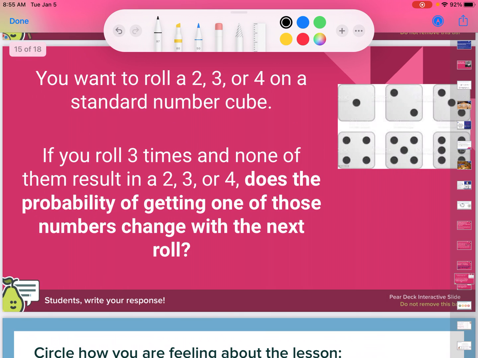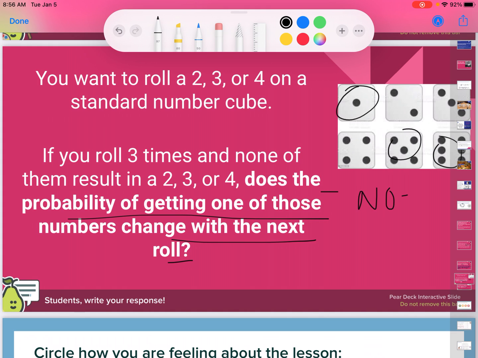All right, if you want to roll a 2, 3, or 4, and you roll 3 times and none of them is a 2, 3, or 4, does the probability of getting one of those on the next roll change? No. So the question is, if you ended up getting a 1, a 5, and a 6 on those first 3 rolls, does that change the probability?